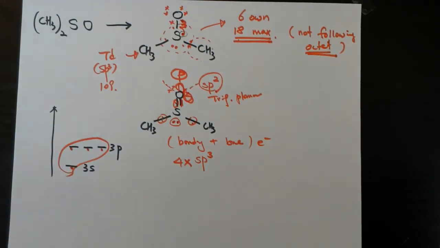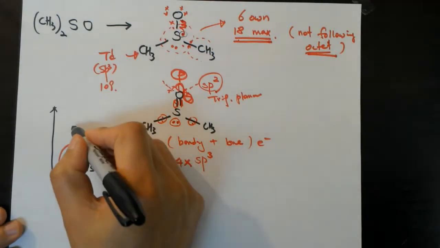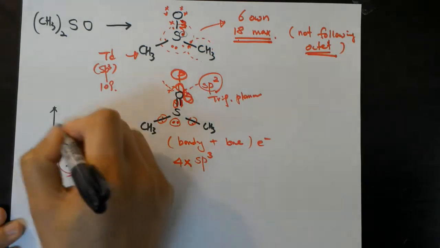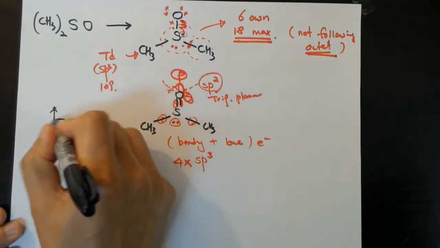I'm just assuming that you learned sigma bond, pi bond, and order of the orbitals and types of orbitals. For more details, I'll have another video. But here, you know, we have 3 d orbitals.